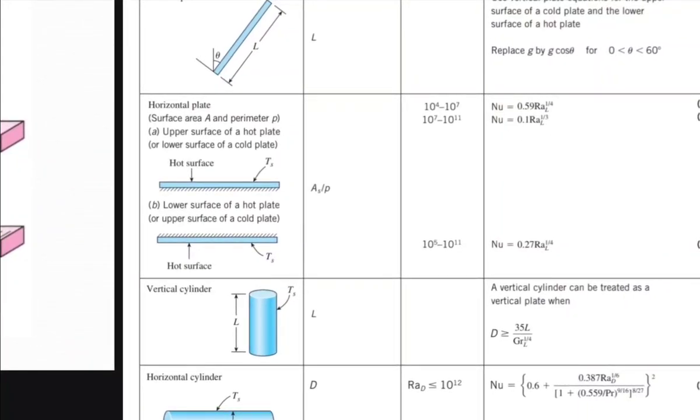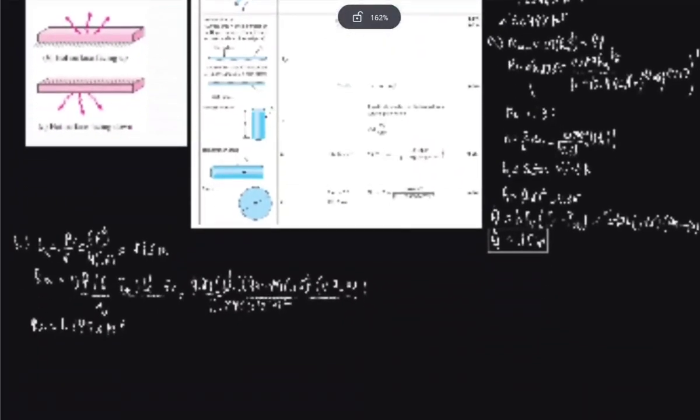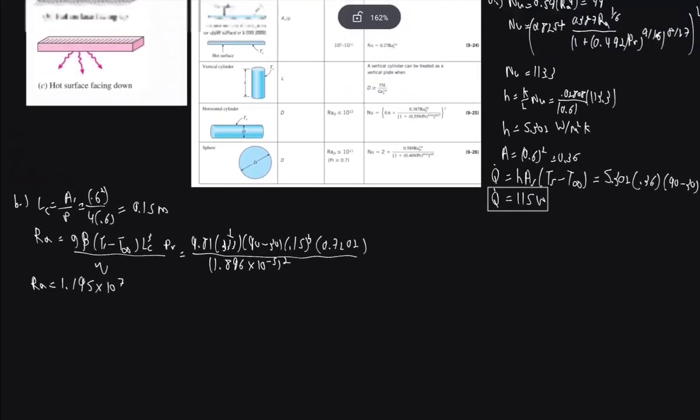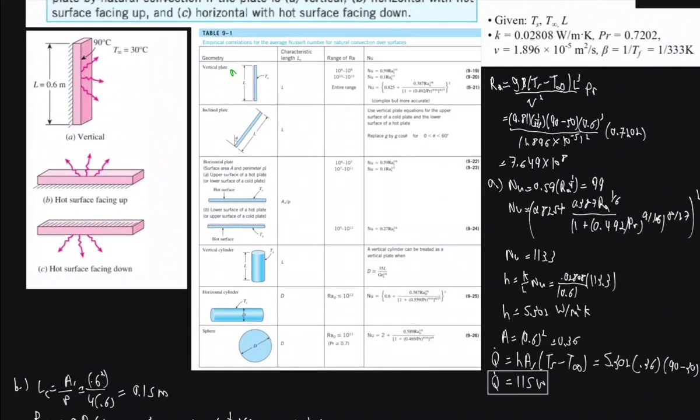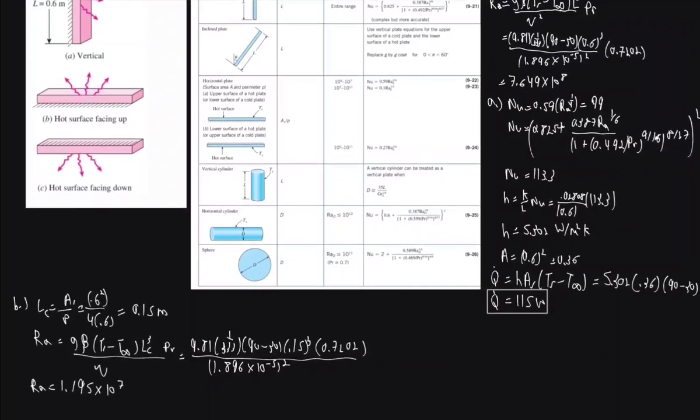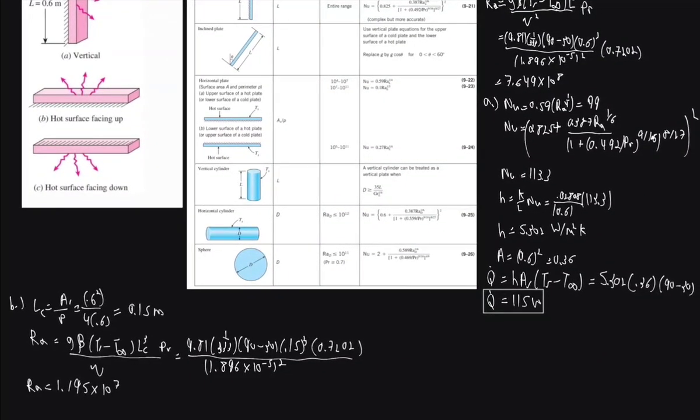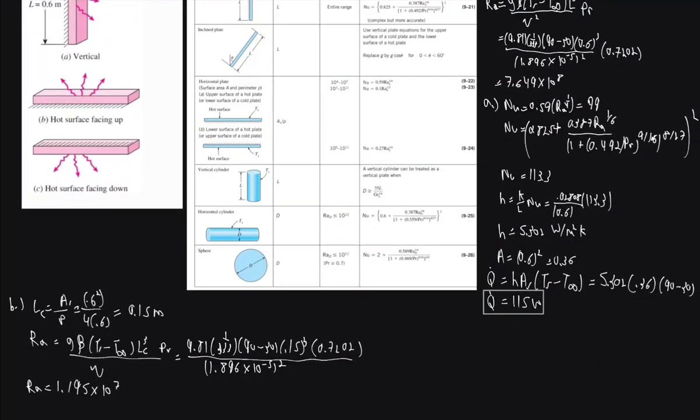So we have these for the Nusselt number, and we need to see 10 to the 7th. So it's on the border between the two. So it doesn't matter too much.